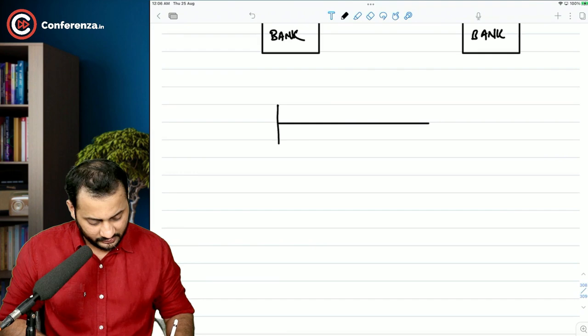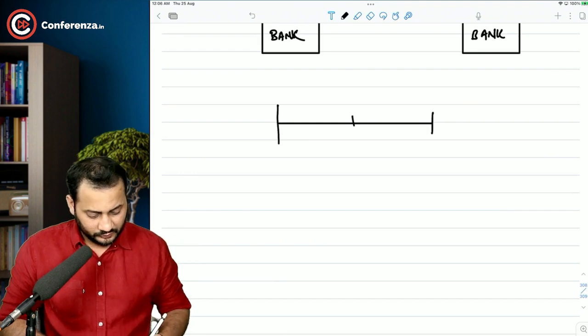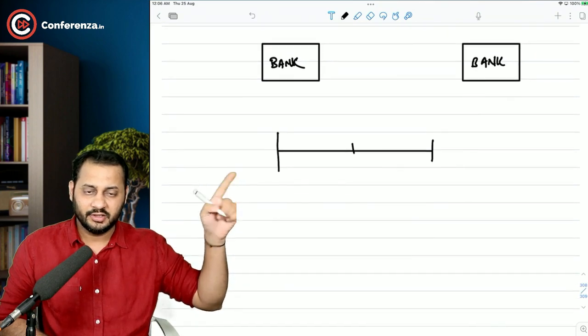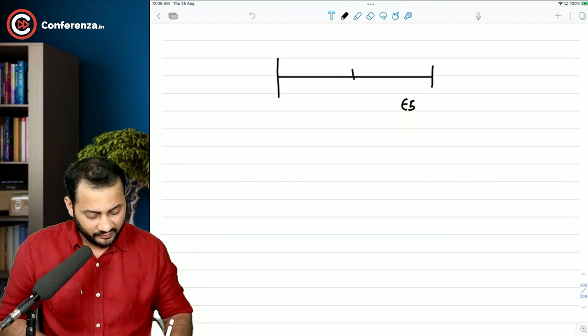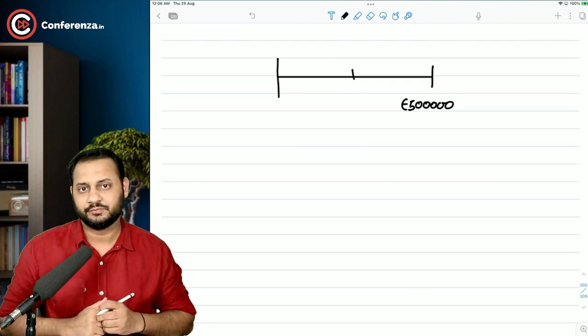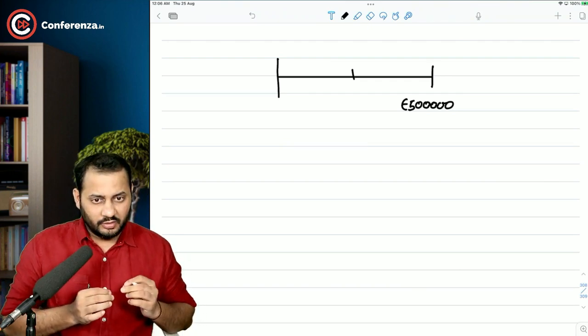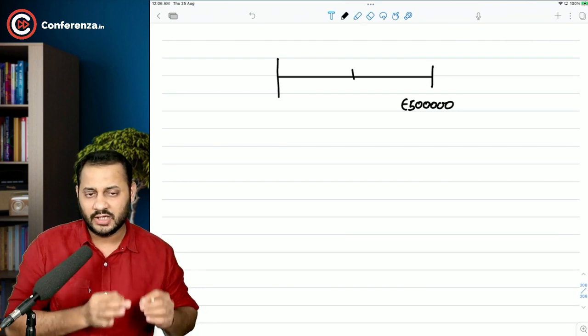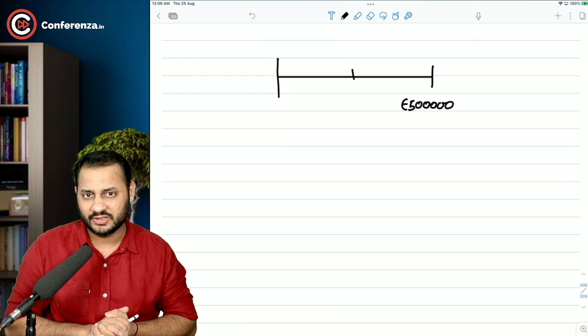This is a timeline of 60 days. We sold the goods of 5 lakh euros on this date, and we are supposed to receive 5 lakh euros after 60 days. True. What if everything happens in a normal route and we receive 5 lakh euros after 60 days?